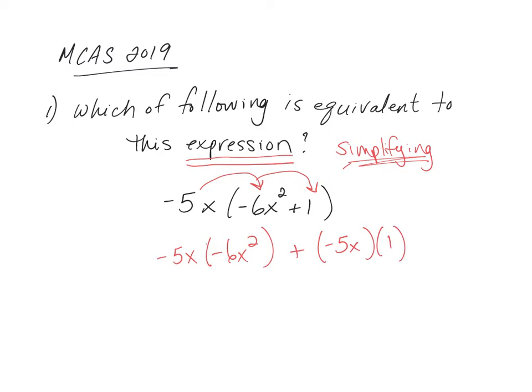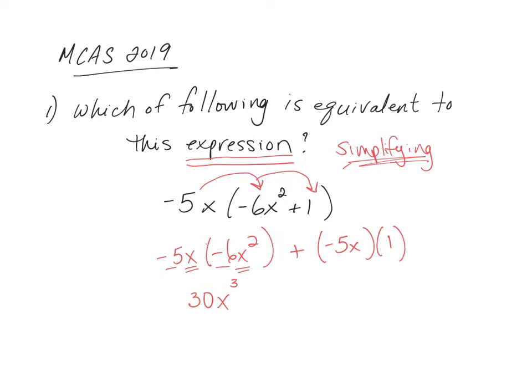So we have to remember, when we multiply a negative times a negative, that's going to give us a positive. So when I multiply negative 5 times negative 6, I'm going to get a positive 30. And when I multiply x times x squared, that's going to give me x cubed.